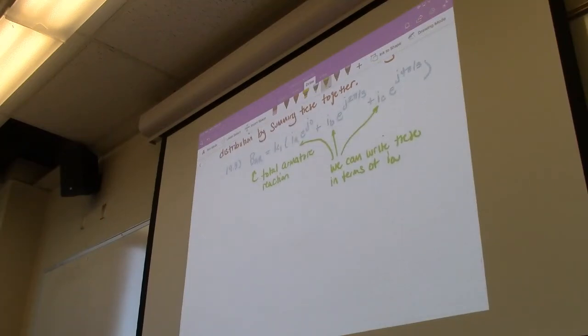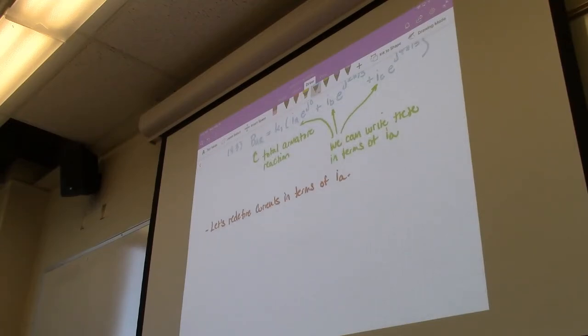So let's redefine those currents. So equation 9.4 from the book.